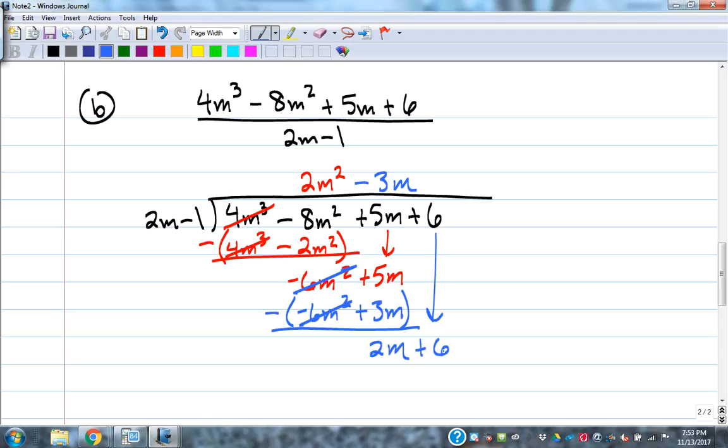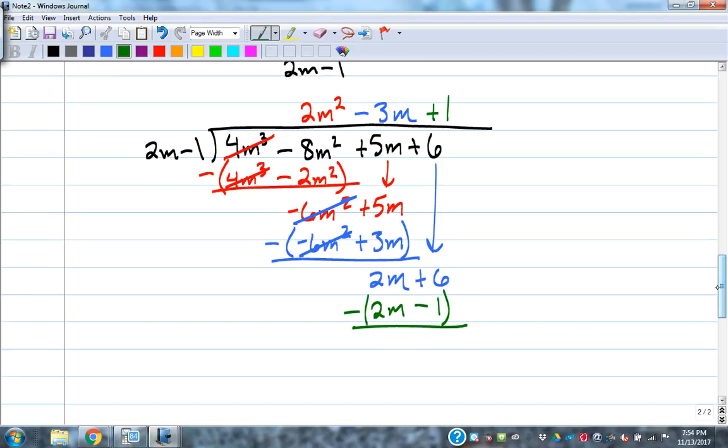Is there anything times 2m that gets me 2m? 1 plus 1. Distribute. It's always easy to multiply by 1. And then subtract.